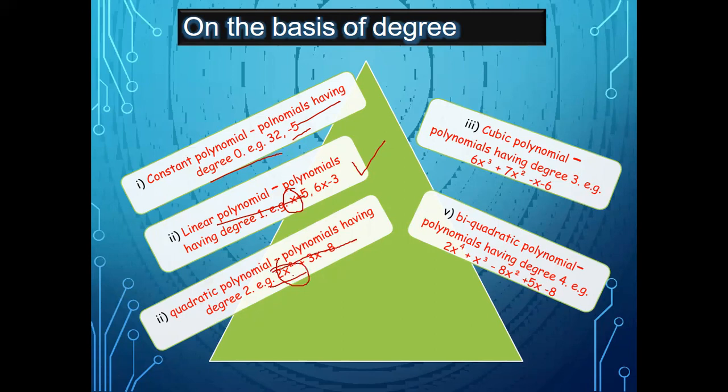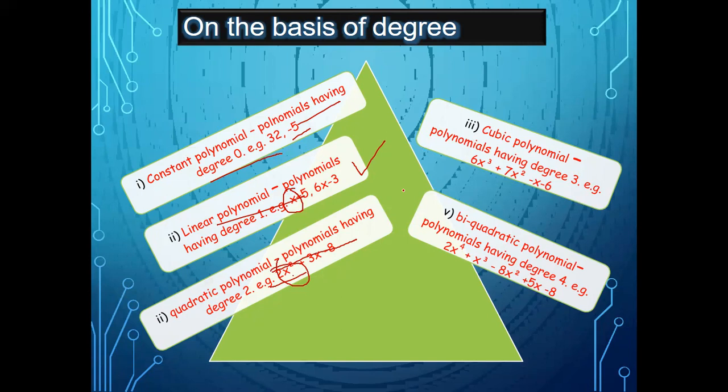Also, you should know how many solutions a polynomial has. The maximum degree gives the maximum number of solutions. If the degree is 3, then the solutions are 3. If the highest degree is 1, then the solution is 1.